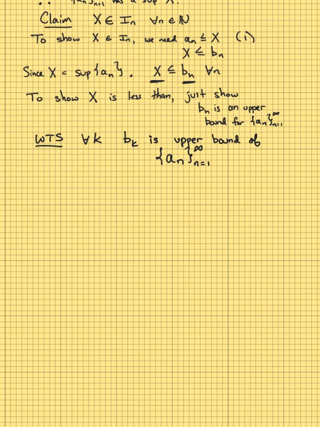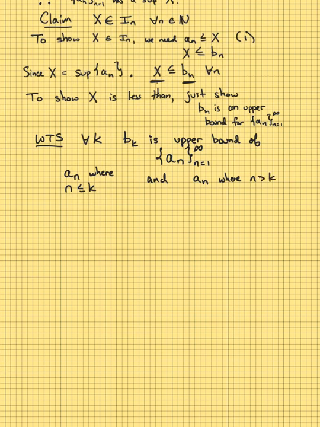Okay, so notice that there's kind of two different values here. So you can take a sub n where n is less than or equal to k, and a sub n where n is greater than k.